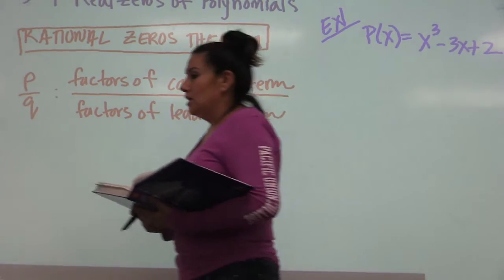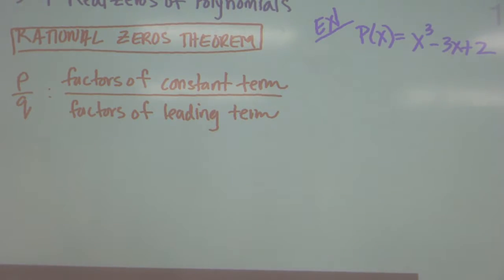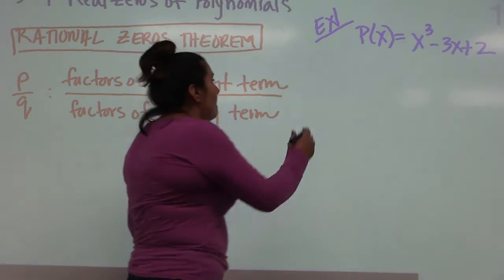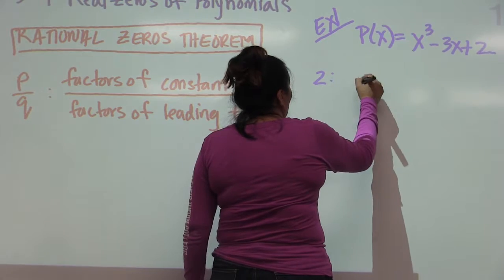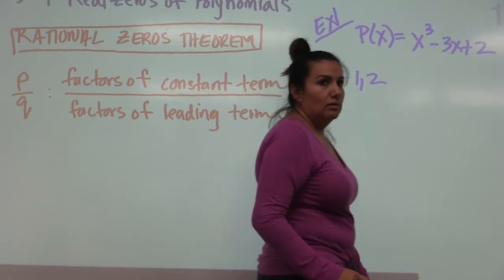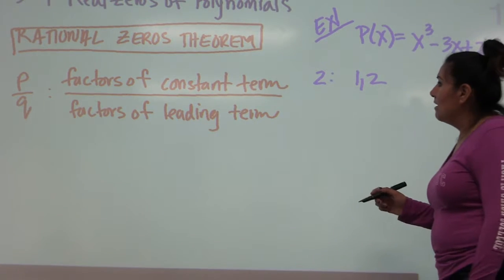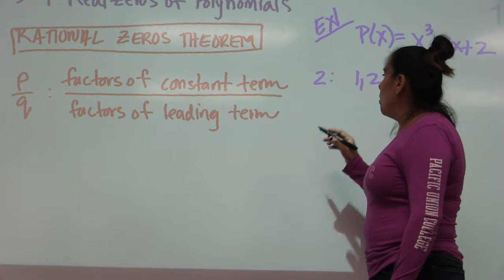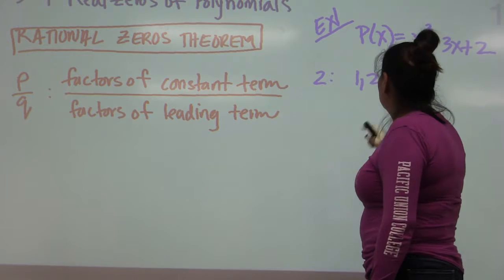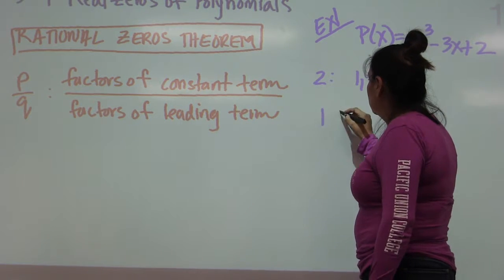According to the rational root theorem, I am going to take a ratio of p over q. P represents the factors of the constant term, which in this case is 2. The factors of 2 are 1 and 2, because it's a prime number, only divisible by 1 and itself. On the bottom, you want the factors of the leading coefficient, which in this case is 1.